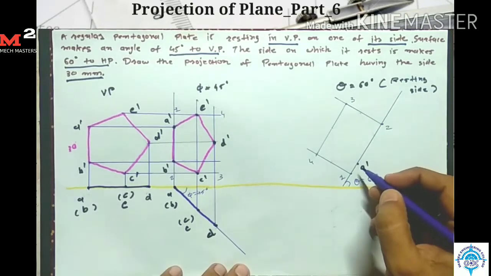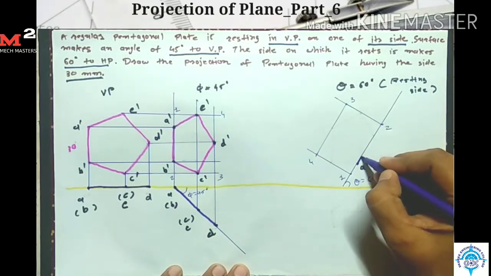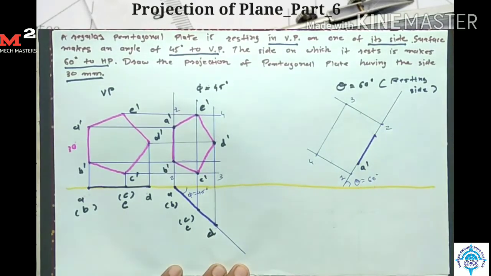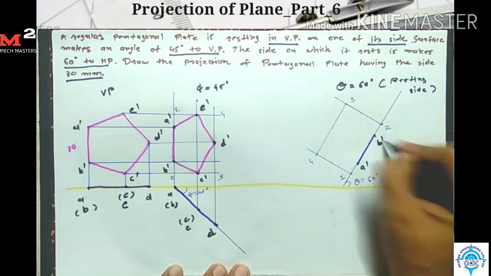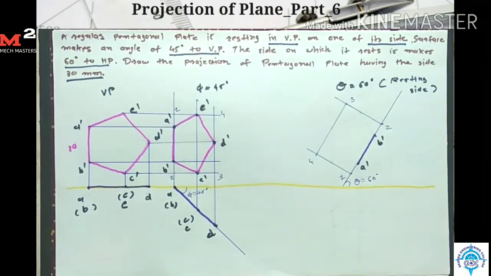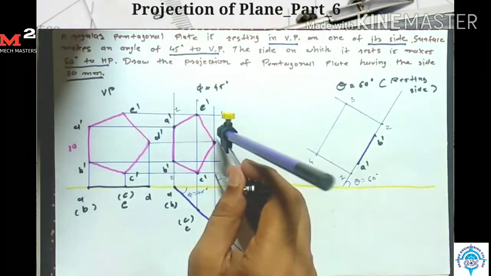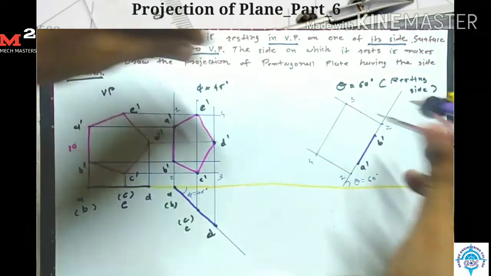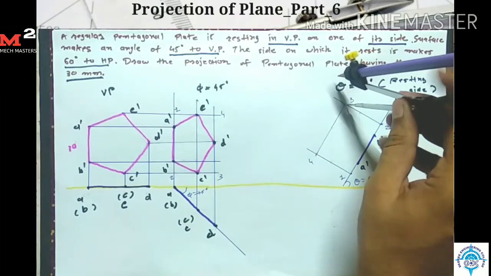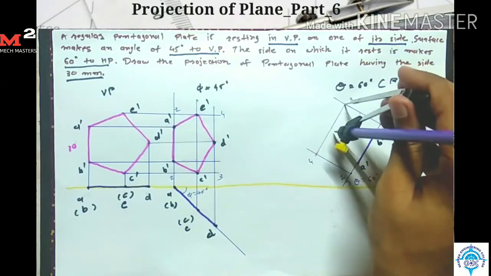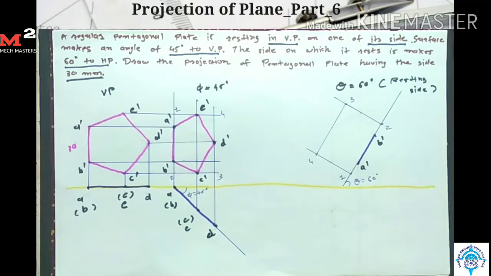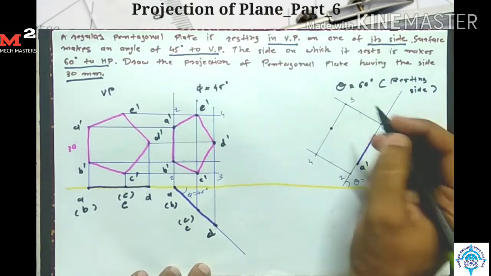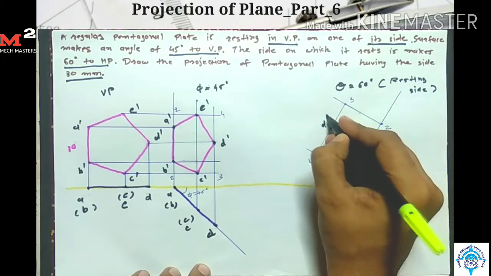Now from point A dash I measure the distance 30 mm and get my point B dash here. Okay, now for point D dash I take the distance of 3 to D dash, and from point 3 I draw one arc here. So here I get my point D dash.